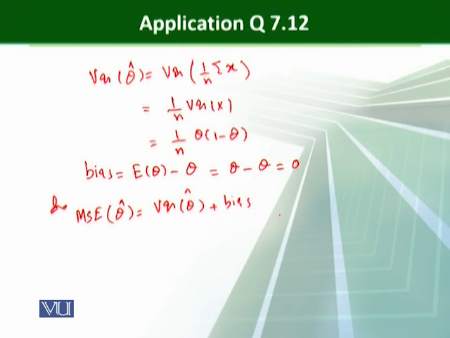In this case the bias is 0, so we have theta into (1 minus theta) over n plus the bias squared, which is 0 in this case. So we have the MSE, that is theta into (1 minus theta) over n.